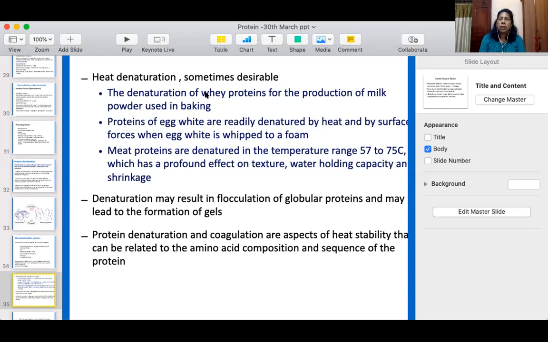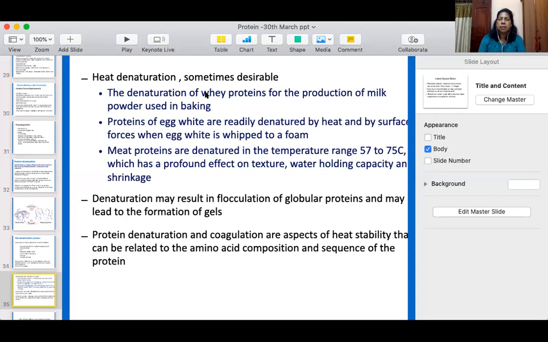You have seen that gelatin is in very small bead form. Once you put water to it and heat it, it opens up, the buried sides are exposed, and later once you keep it, the time and the storage temperature support flocculation of the globular protein, and thereby it can form a gel.